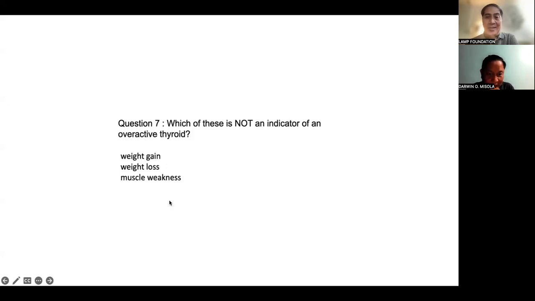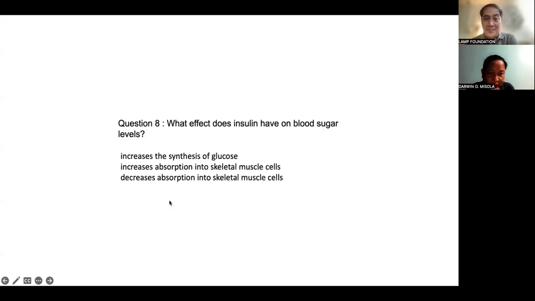Okay, which of these is not an indicator of an overactive thyroid? Weight gain. What effect does insulin have on blood sugar levels? Increase the synthesis of glucose.